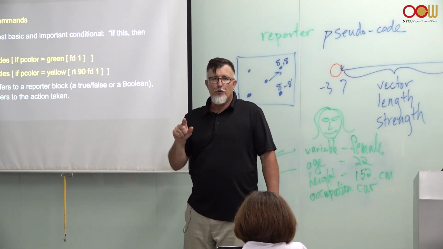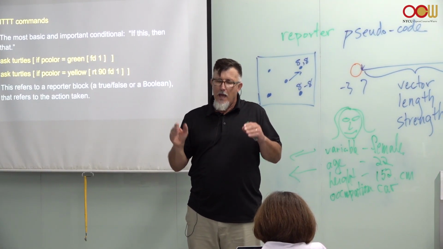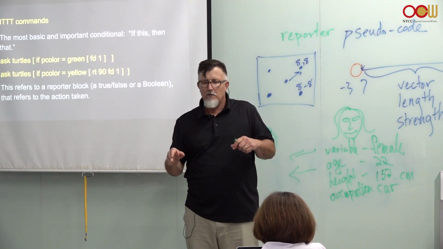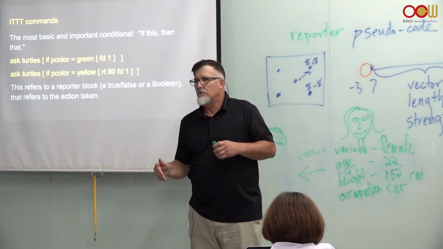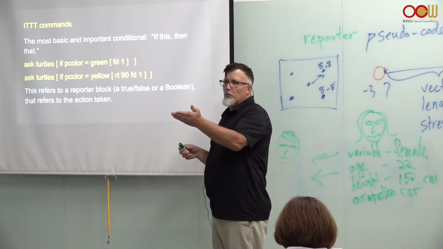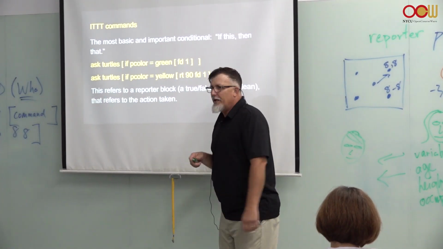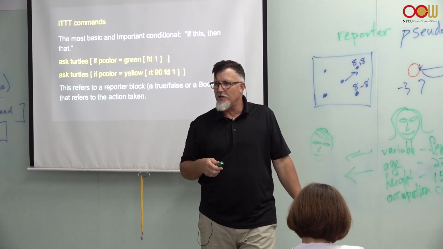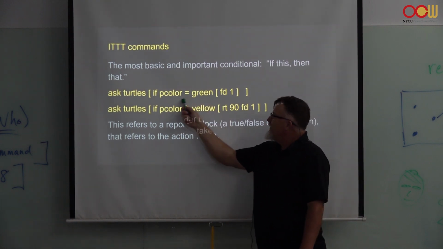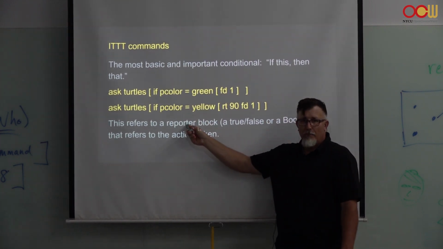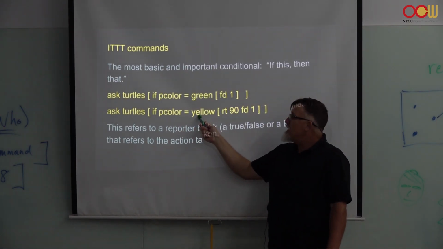So I'm telling the turtle, I'm the God, I run this world, and I tell the turtle, hey turtle, if this condition is true, then do something. We use these all the time in computer programming. If then, if then, if then. The only other one we use about as much is if else. So here, that one there is the reporter block. It's telling the turtle that yes, the P color here is yellow.